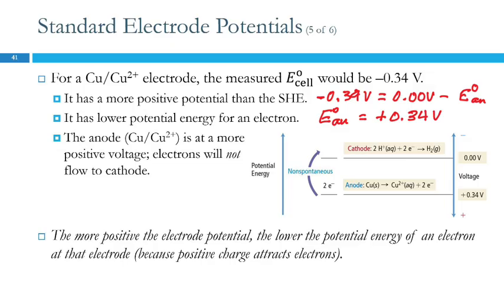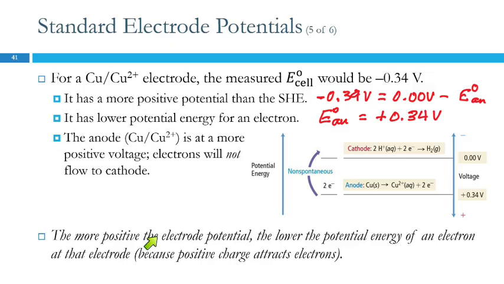If the anode is plus 0.34 volts, are the electrons going to want to leave? No. They're like, oh, this is great. We're attracted to this. We're going to stick here. The negative cell potential says that this is not a spontaneous reaction. Electrons are not going to flow from the anode to the cathode. This is non-spontaneous.